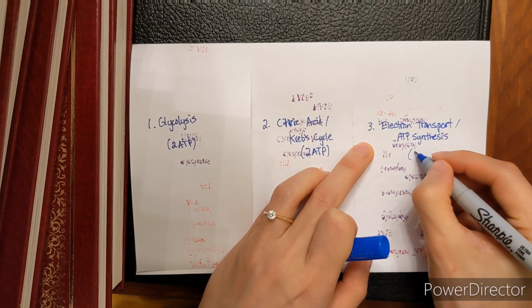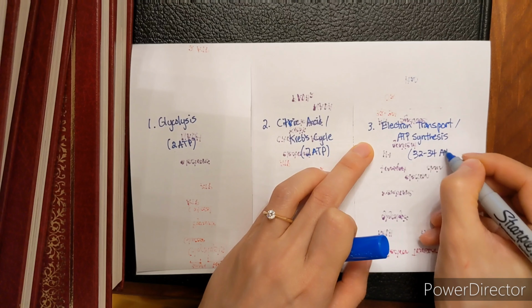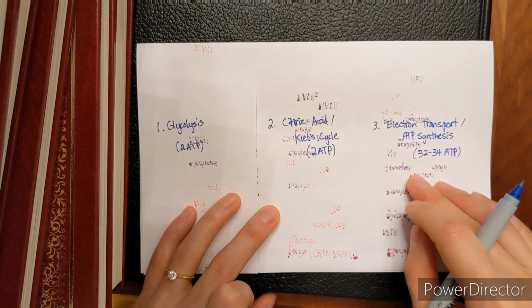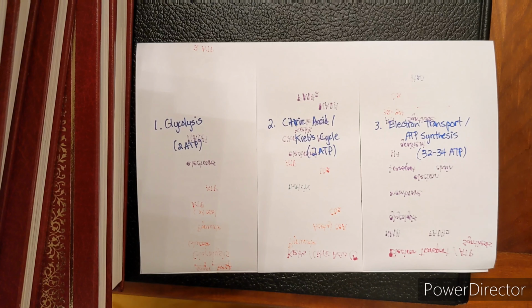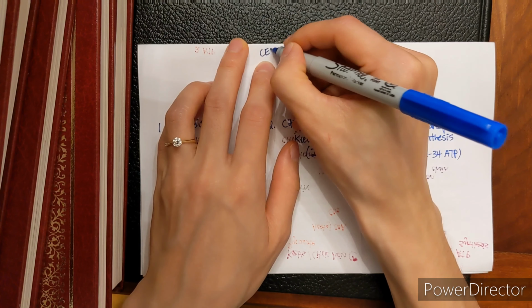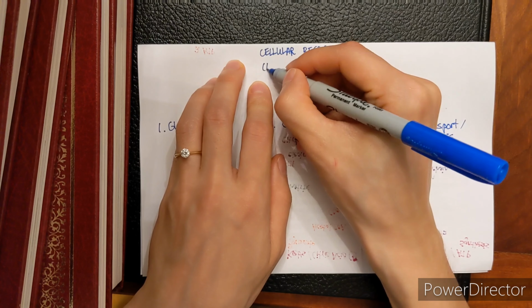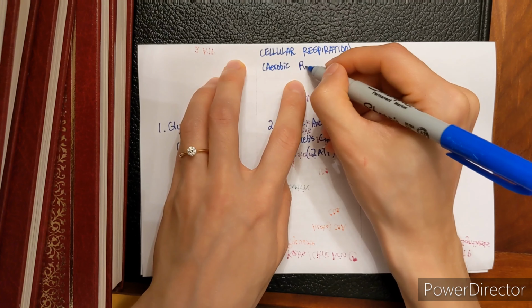And that's going to be the big whopper, 32 to 34 ATP. Altogether, we make 2 plus 2, 4, plus 32, 36 to 34 ATP altogether. And remember, that would be cellular respiration, also sometimes called aerobic, as in the air I breathe, aerobic respiration.